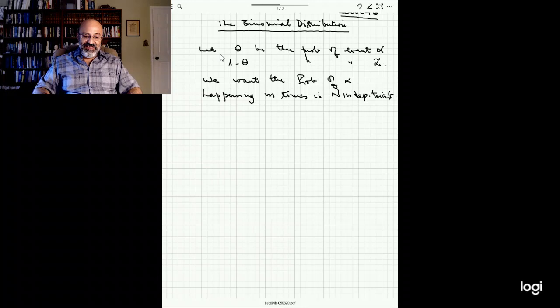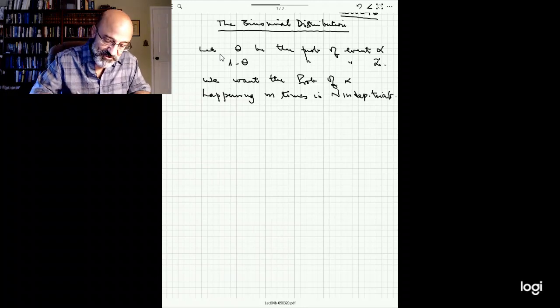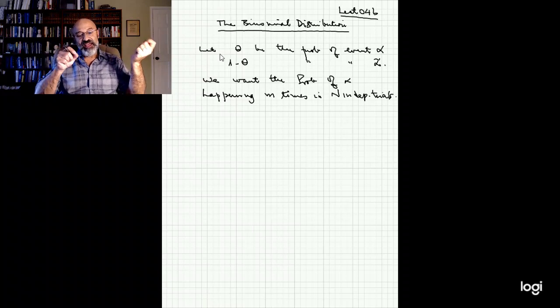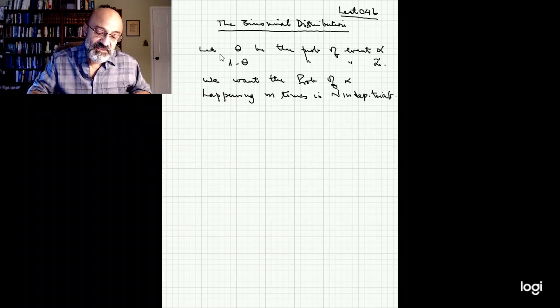So this is what defines the binomial distribution. You have an event that can happen or not happen, and then you have a number of independent trials. Whenever these conditions apply, you get a binomial distribution.